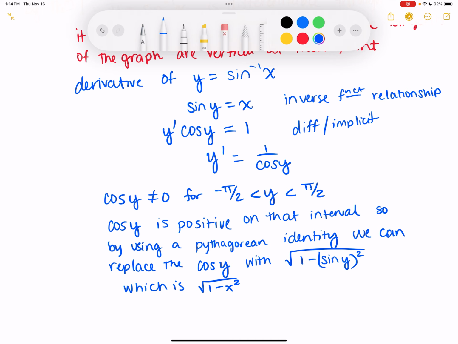So ultimately, therefore, d dx of the inverse sine of x is equal to 1 over the square root of 1 minus x squared.